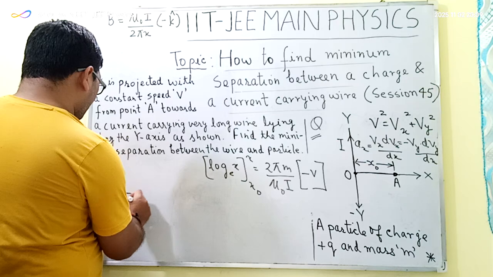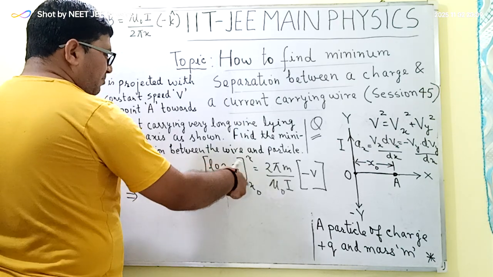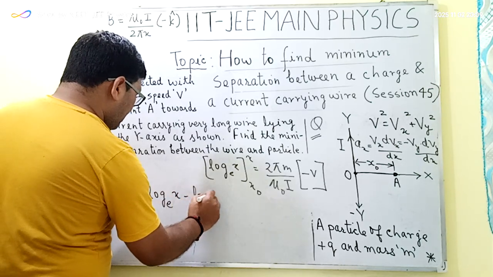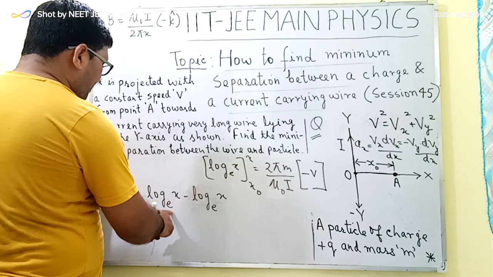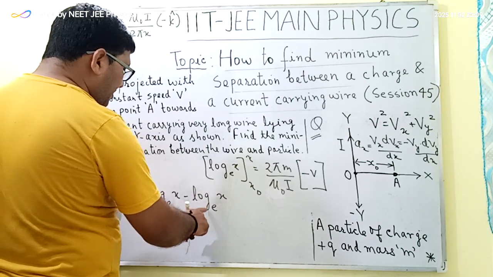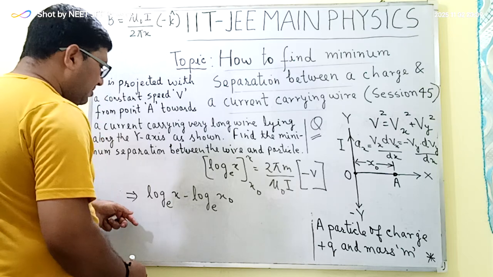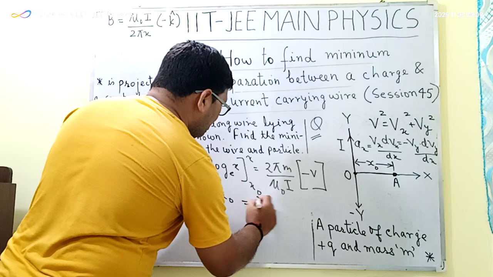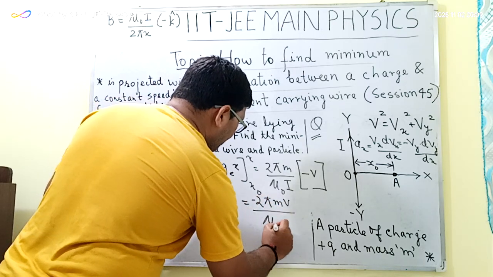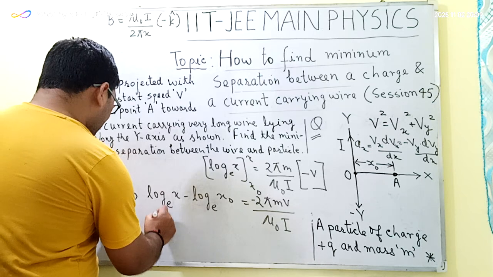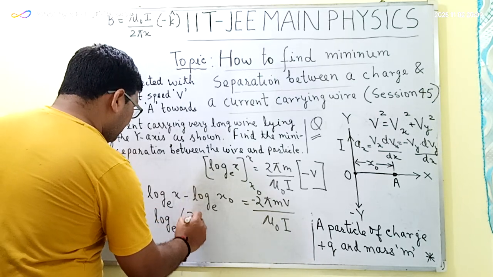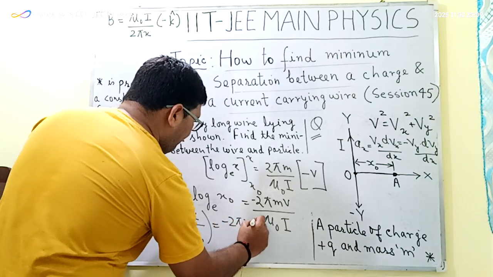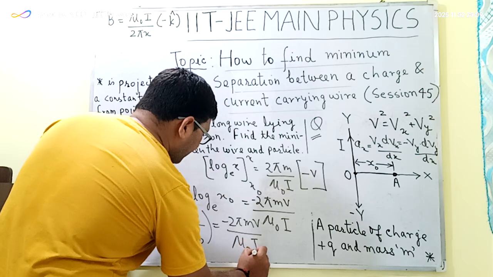This can be further written as log x to the base e minus log x naught to the base e, which will be equal to minus 2 pi m v upon mu naught I. So this can be written as log e of x upon x naught is equal to minus 2 pi m v upon mu naught I.